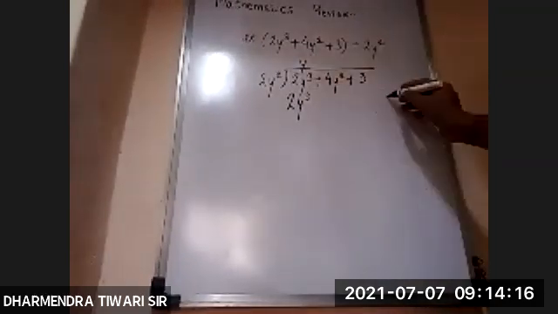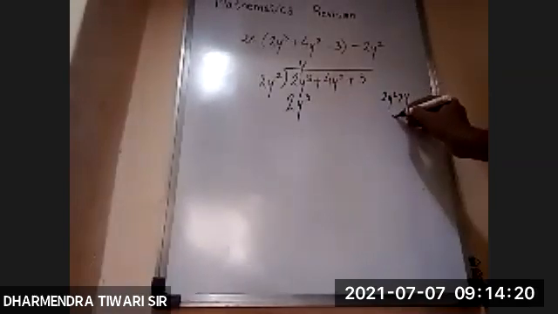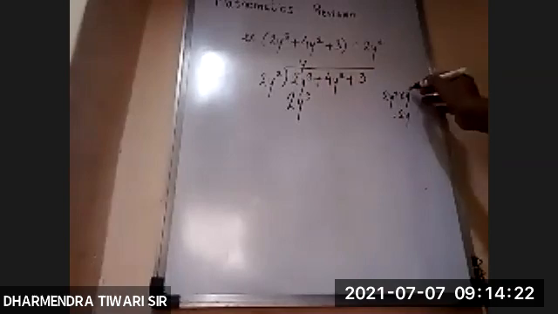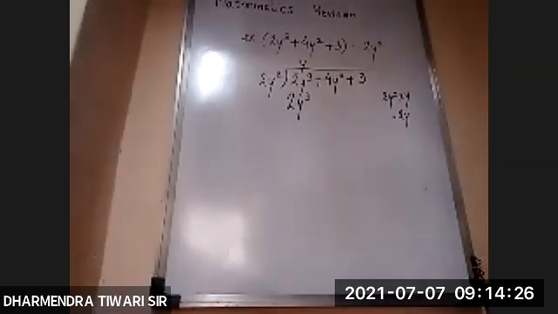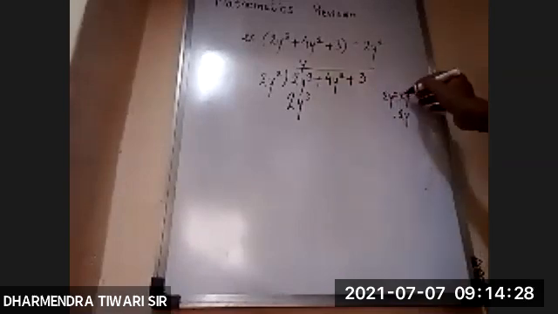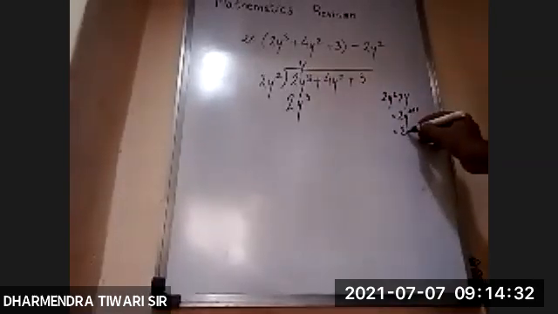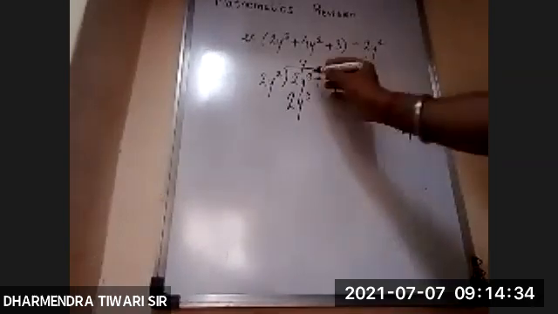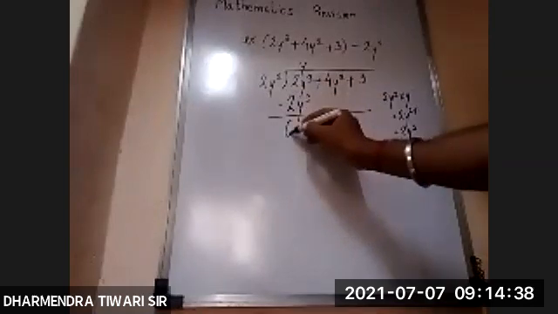Hope this is clear. 2y multiplied by y square gives 2y cube: 2 as it is, 2 into 1, nothing is with y means 1 is present, and the base y is the same, so by the law of indices 2 plus 1 gives 2y cube. The opposite sign gets cancelled, which means 0.